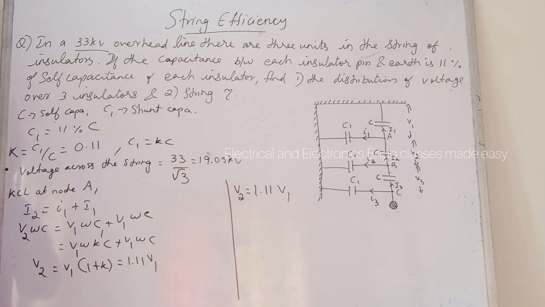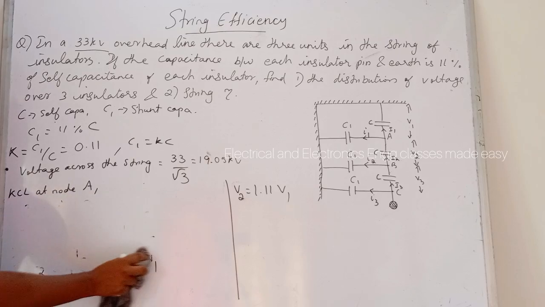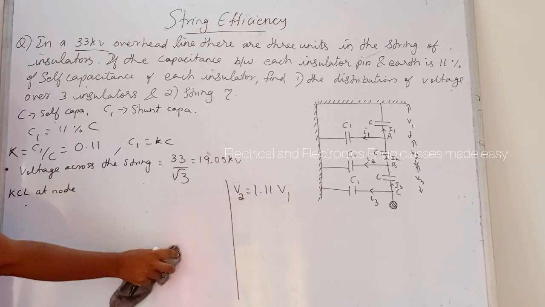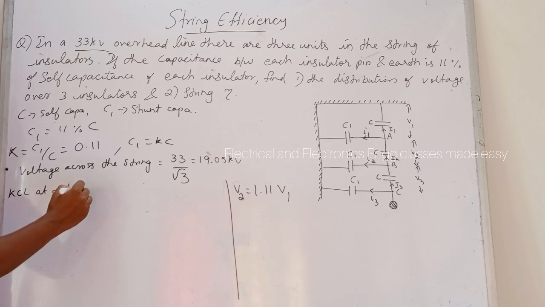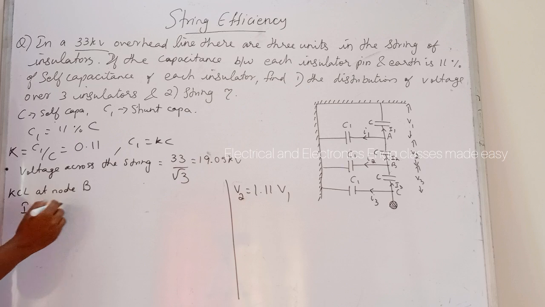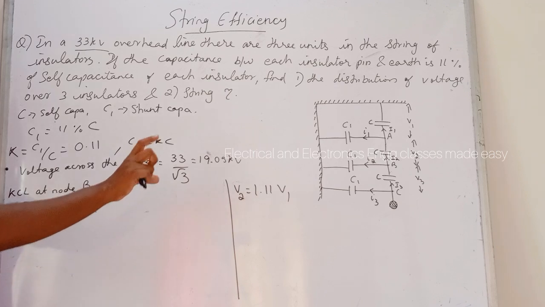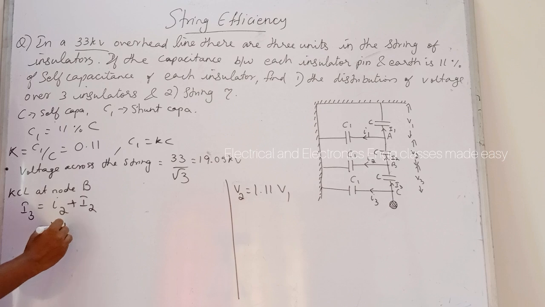Now we can apply KCL at node B. So KCL at node B is I3 is equal to i2 plus capital I2. And what is this i2? The voltage across that capacitance is V1 plus V2. In the previous class we have discussed about these things, so if you didn't watch it, please go through it.